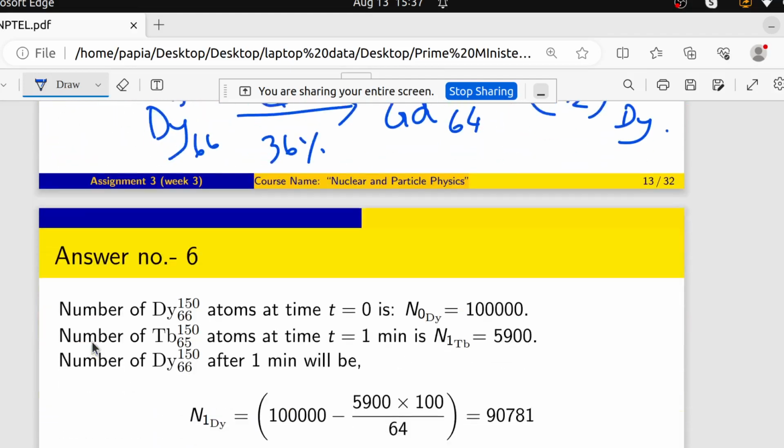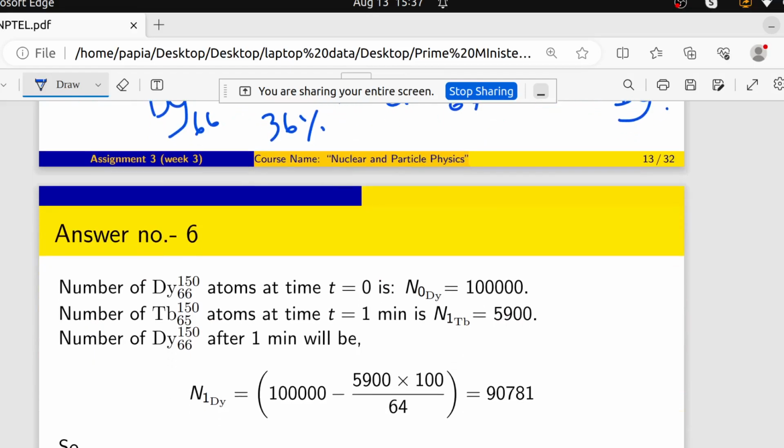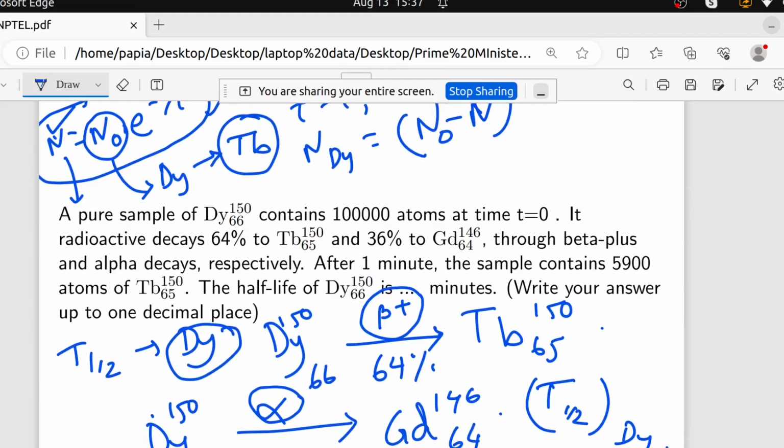Now coming to the answer. It is already mentioned that the number of Dy atoms at time t equals 0 is 1 lakh. You can see that a pure sample contains 1 lakh atoms at t equals 0. Time t equals 0 means we are just putting in the sample and no radioactivity has started until now.